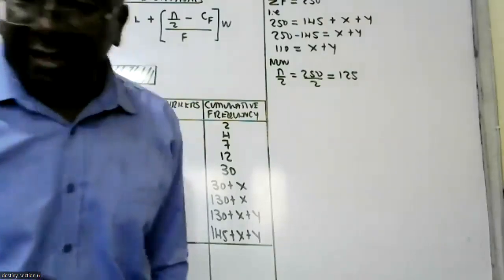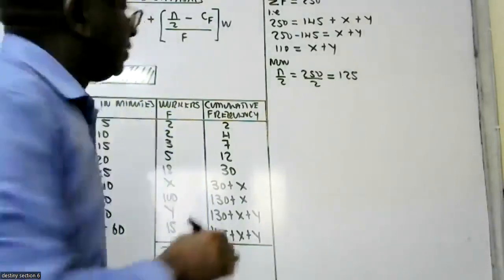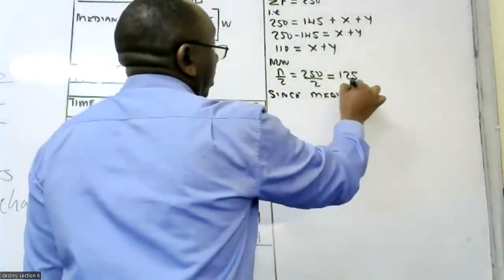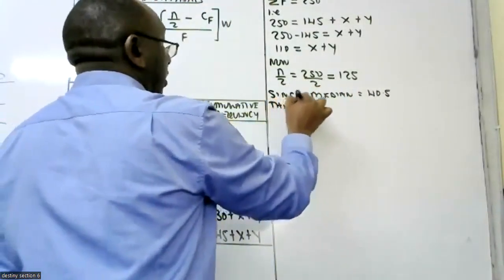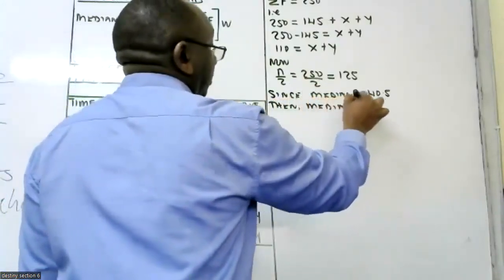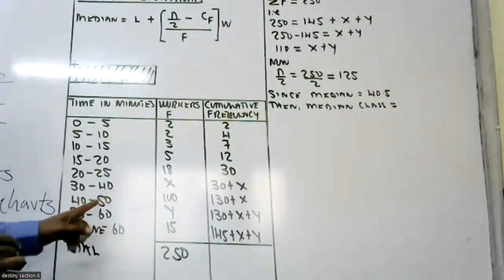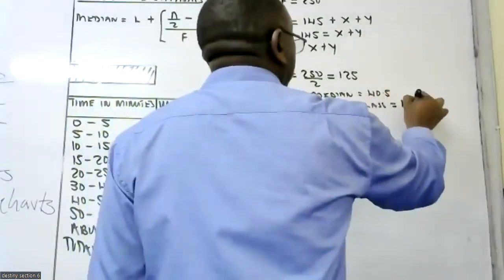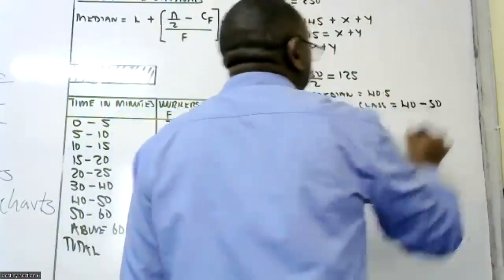But we can be guided by the answer that has been given, that the median is 40.5. Since the median is equal to 40.5, then the median class must be here, because 40.5 is in 40 to 50.